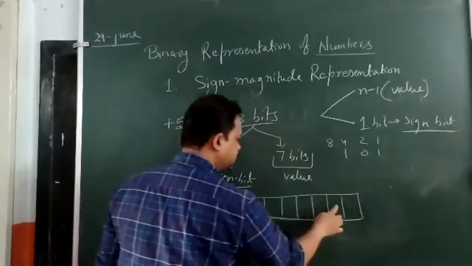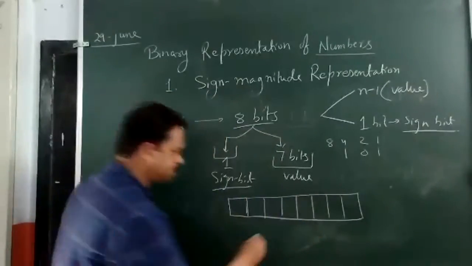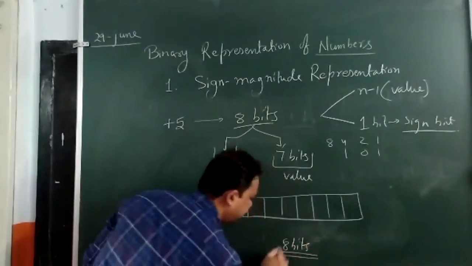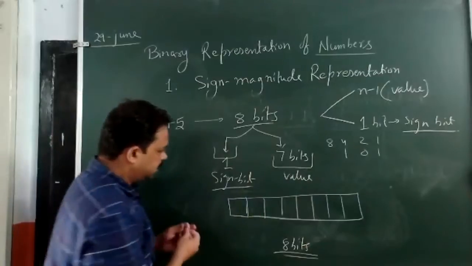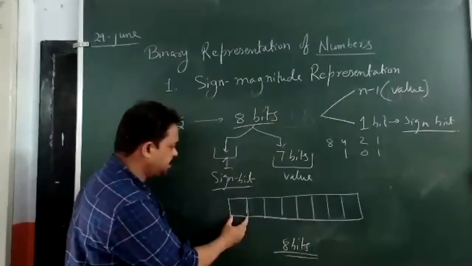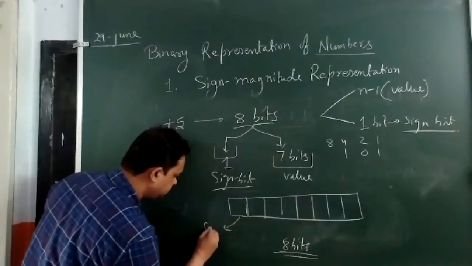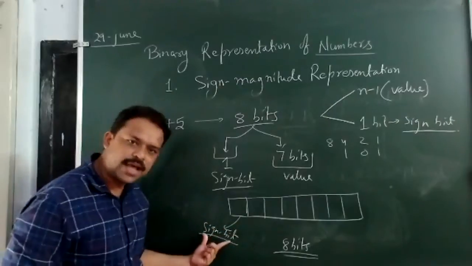That is 8 bits total. The last bit is reserved for the sign bit.